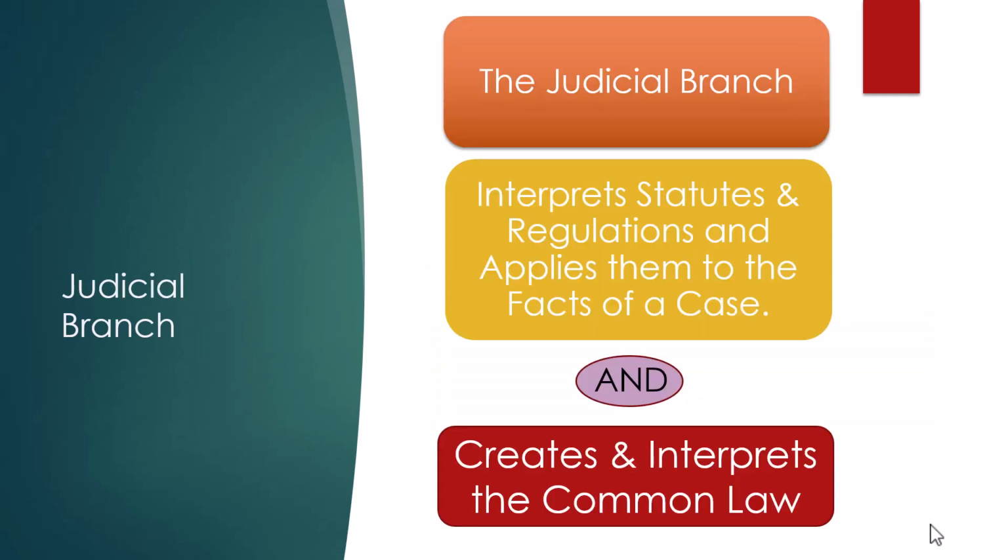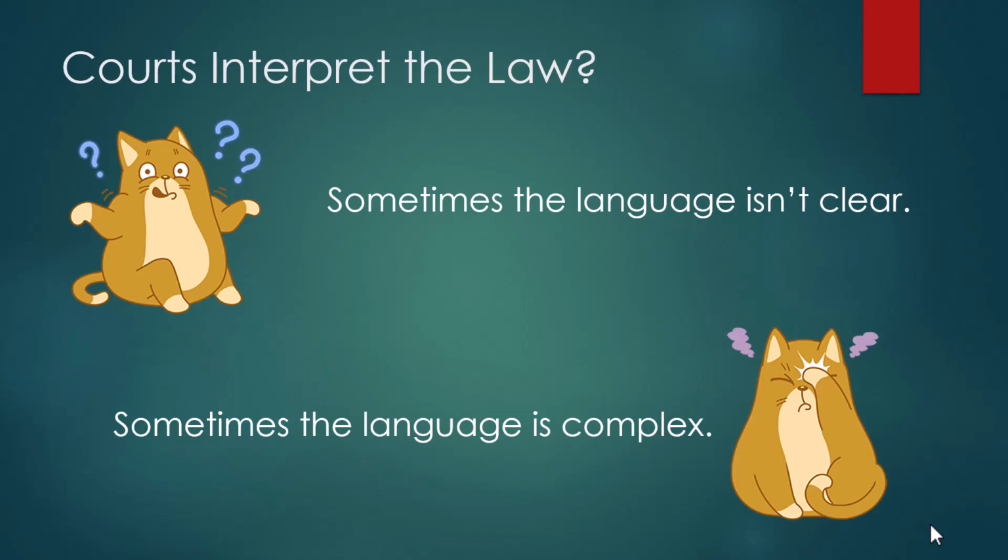The courts do two things. First, courts interpret the law created by the other branches and apply it to the facts in a given case. And second, they create the common law. That's right, courts create law. So I said courts interpret the law. Well, why?